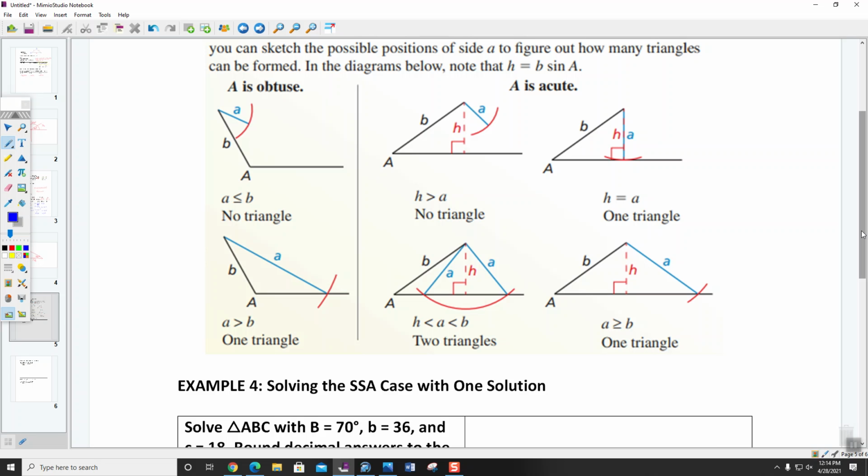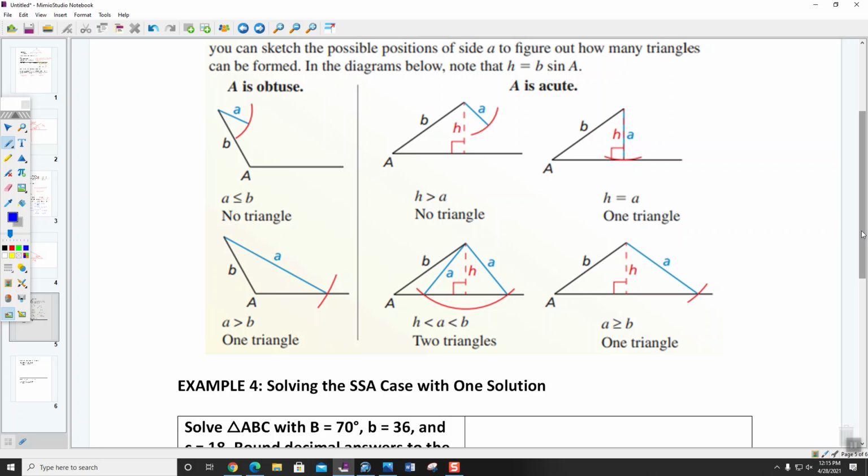None. Or sometimes with an obtuse angle, you might have a situation where you can make what? One triangle, all right? Then we talk about acute angles over here. I don't really care what this is. By this drawing right here, is this side long enough to form a triangle? You might not get a triangle. You might get what?